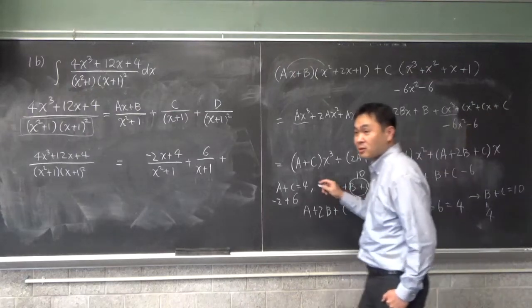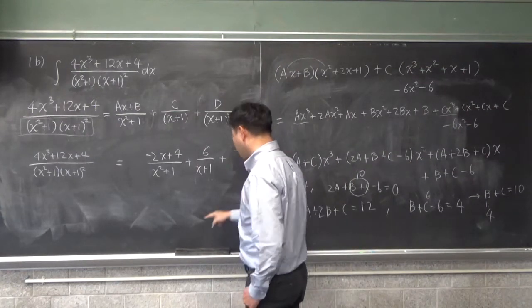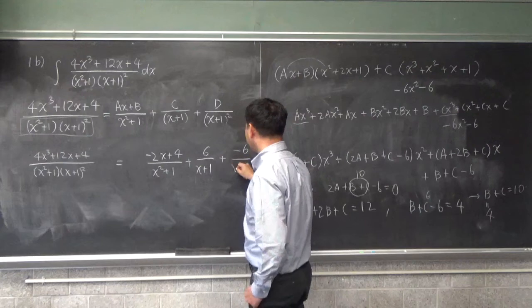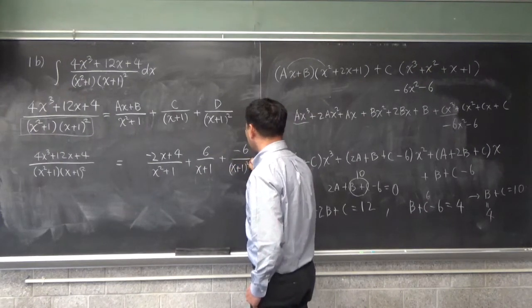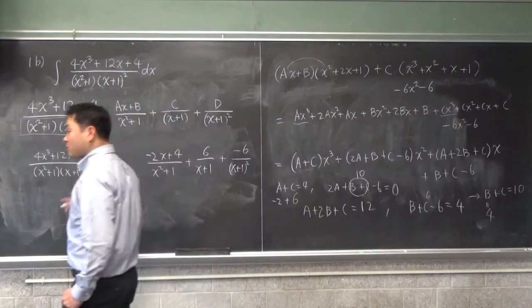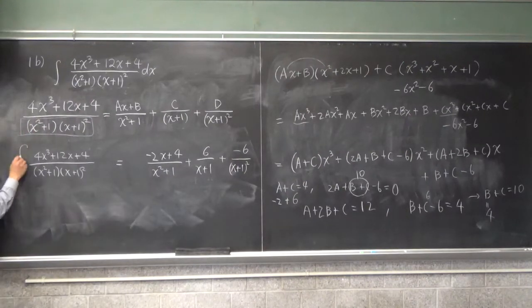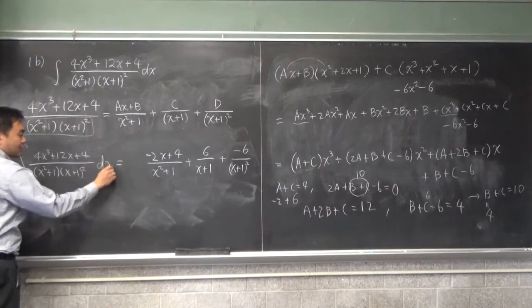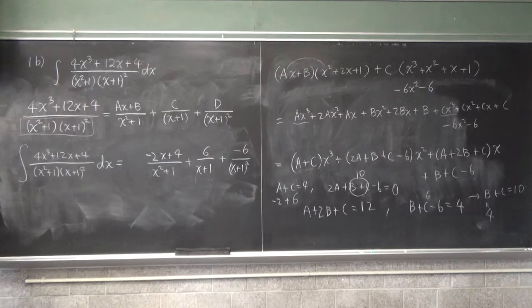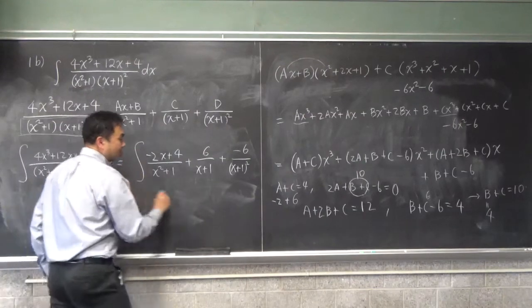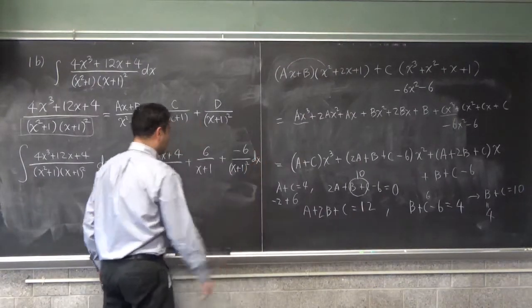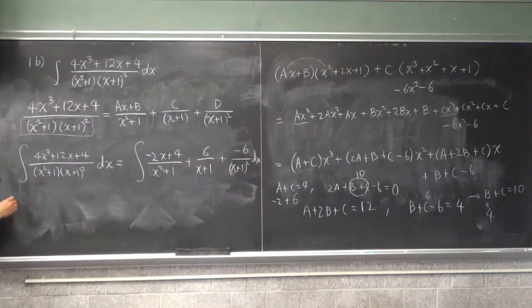Yeah, negative 6, right? I erased it, but it was negative 6. And using this identity, we can say to integrate this left side is the same thing as integrating this right side. Let's continue on.